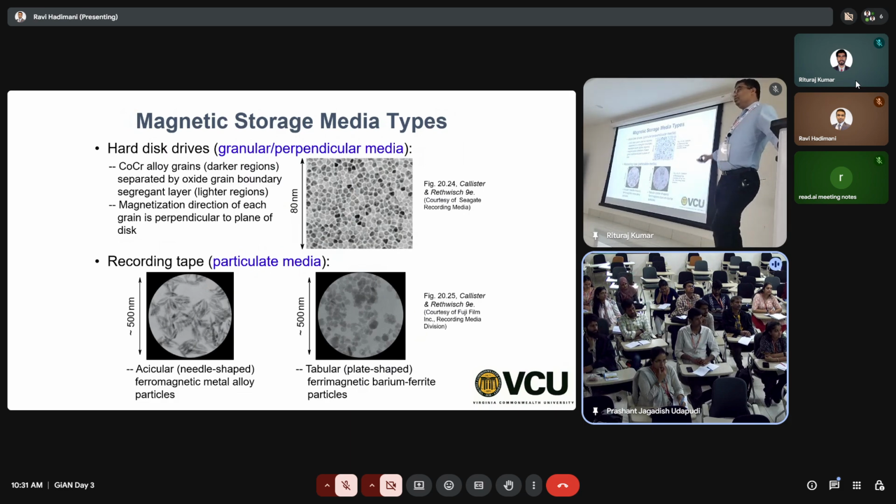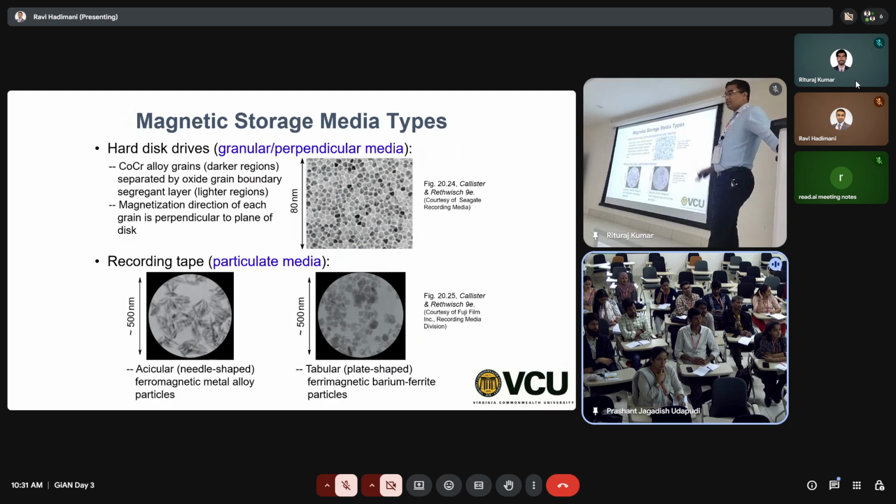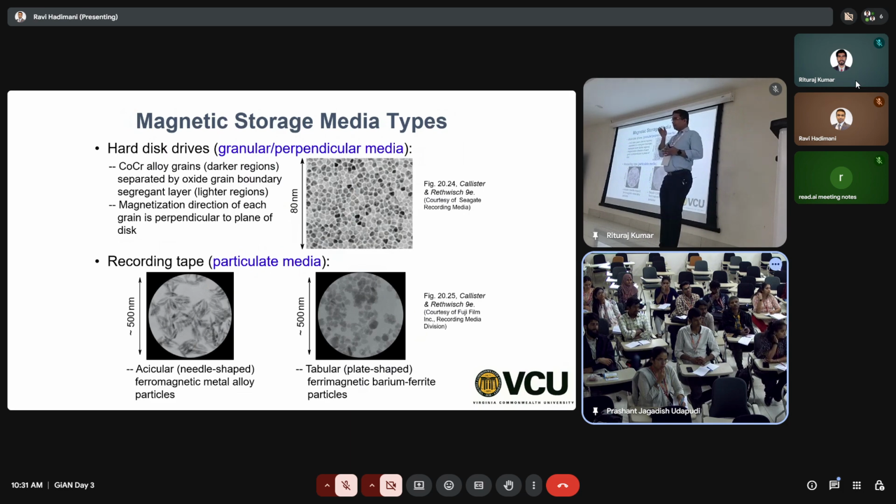Yeah, grain size. So that means you can make the grain smaller and smaller. Yes, you can make grains even sub-nanometer, but can you read it? Can the sensor be that sensitive? Even if the sensors are that sensitive, can you move your sensor nanometer by nanometer? If you have to read different ones and zeros, it has to go from one grain to another grain to read, right?